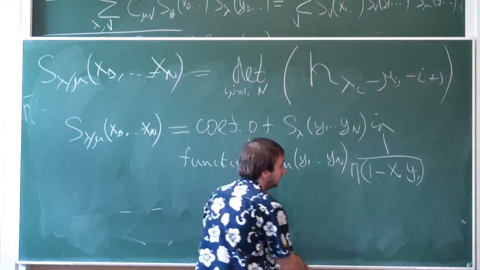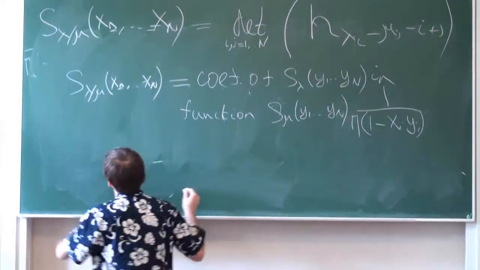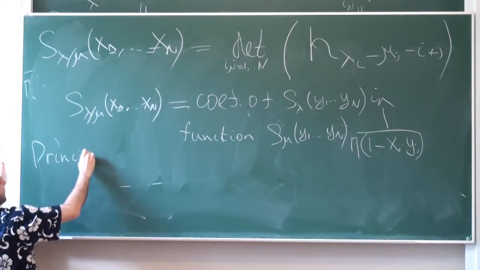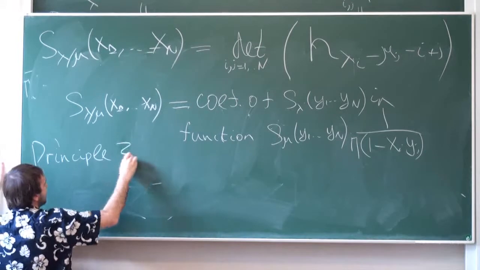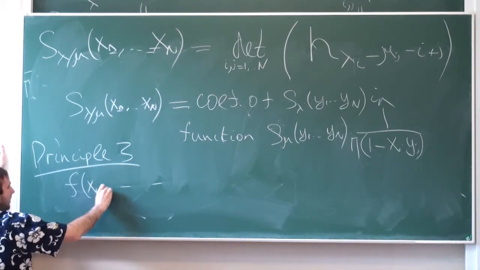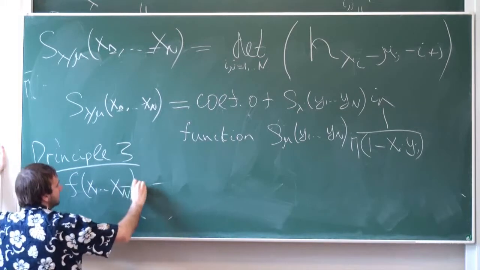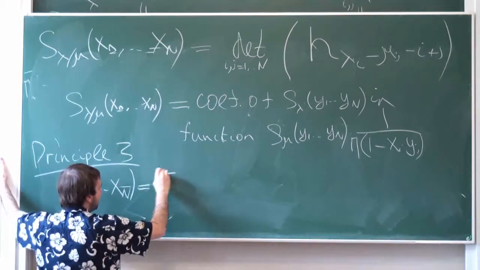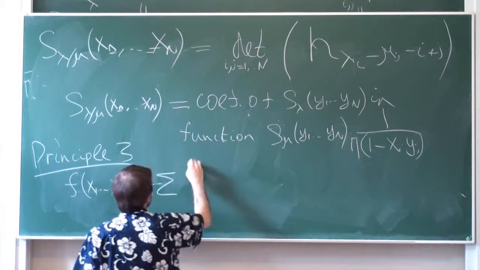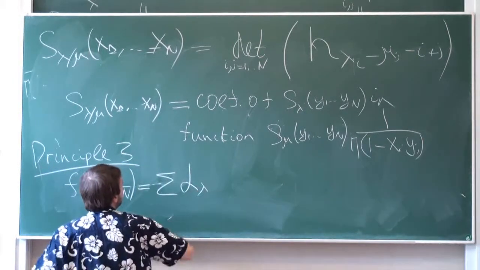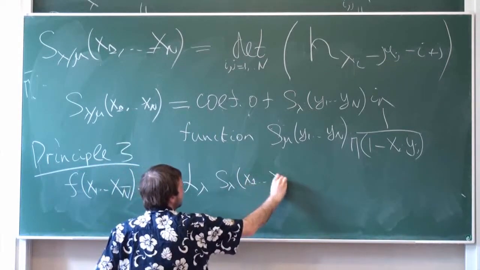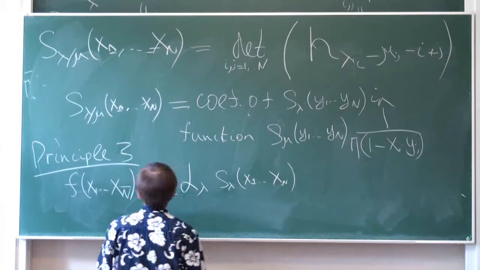So suppose you have some function f, and you want to find the coefficient alpha lambda of the decomposition. How to do it?